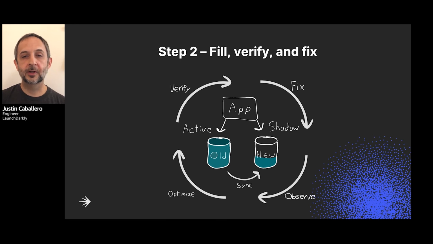And we just sort of loop on these fixes until we're happy with how things are working in the new data store. And of course, if anything goes wrong, because we feature flagged the application, we can disconnect the shadow database just by flipping a switch and go back to our status quo, which is using the old database.